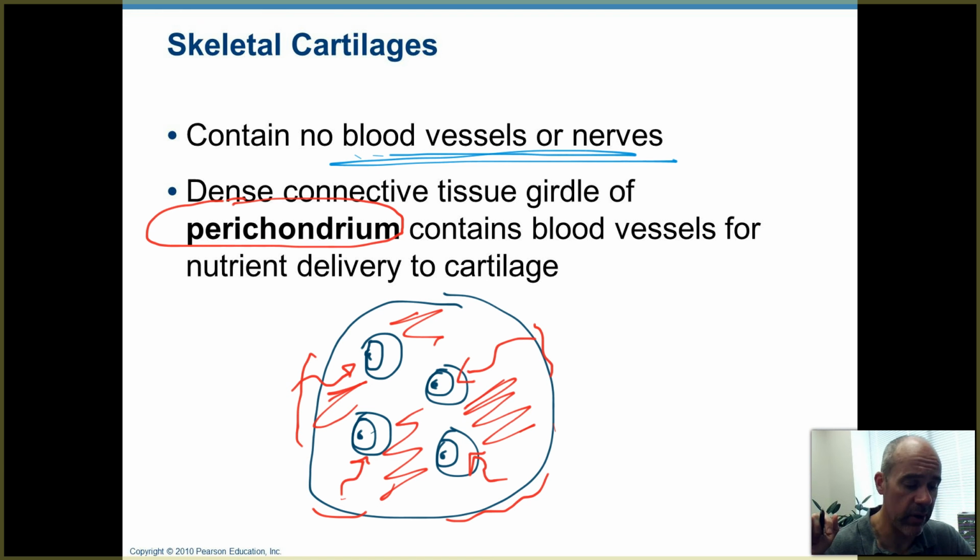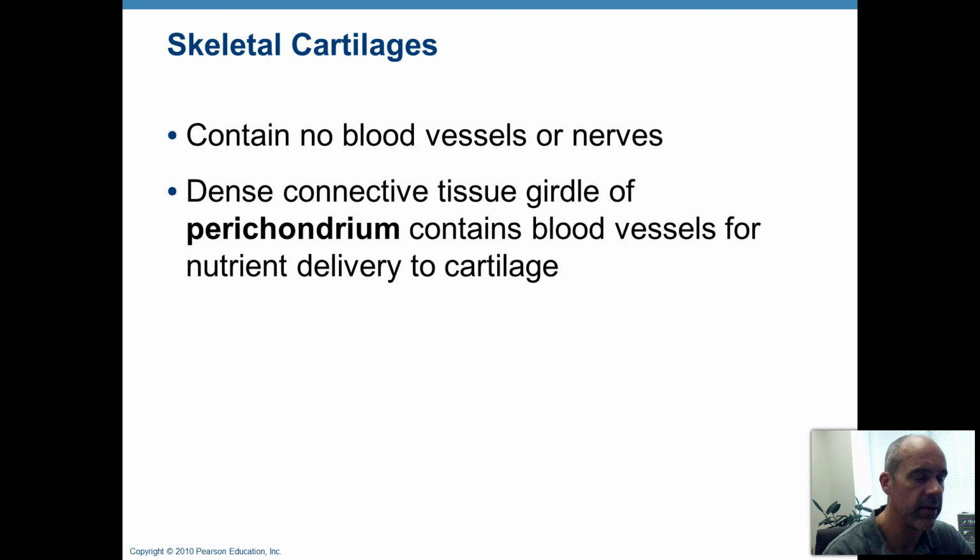So when you have an injured cartilage, it's just not going to heal that well because you don't have a good blood supply. All right, so again, you do have a perichondrium around these cartilages, just like you have a periosteum around bones, and that is the site of the blood vessels that will supply nutrients and so forth to your chondrocytes, the cells within that cartilage.